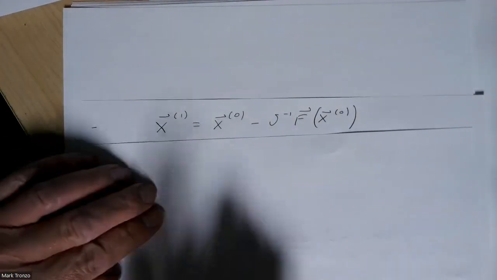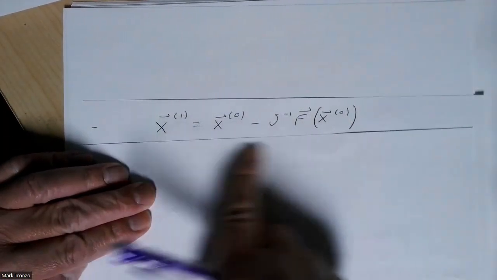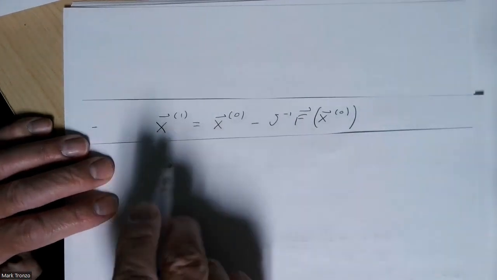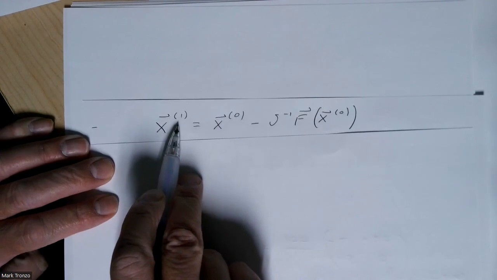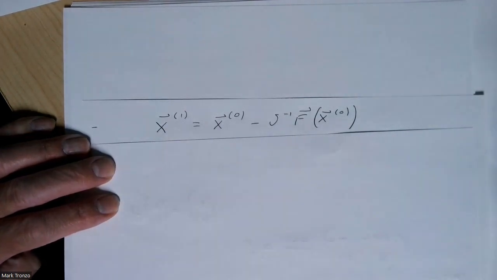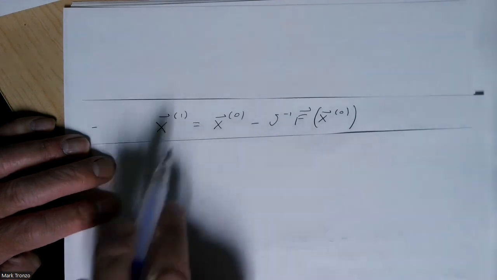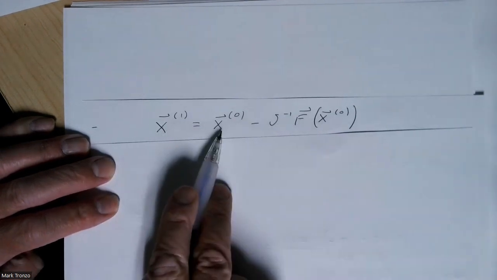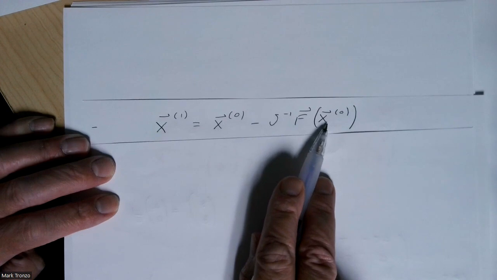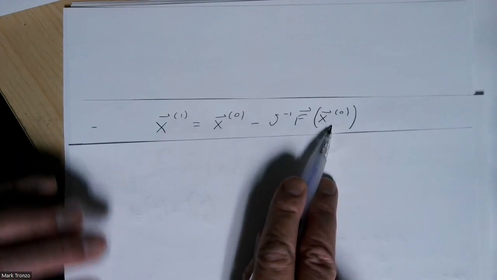Now, again, let's go back and work with this. Remember, this is what we're dealing with. That was our method, except we're starting at n equal 1. And so when we do our equation with n equal 1, we're going to have x1, x naught, inverse the Jacobian, and the function at x naught.